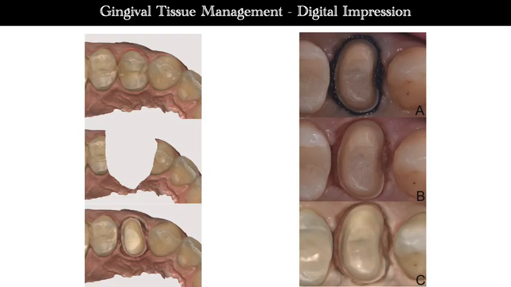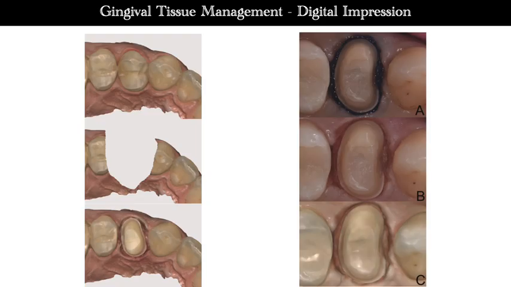After that, the tooth which we are going to prepare has to be cut out from the pre-op scan. Then we do the tooth preparation and take another impression. This does not require any gingival displacement methods at all. Once you're done with the tooth preparation, take another scan, after which you place the retraction cord, and then you take another scan with the retraction cord in place.